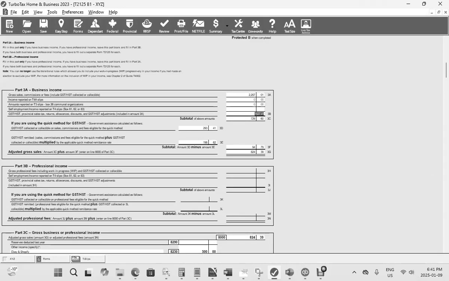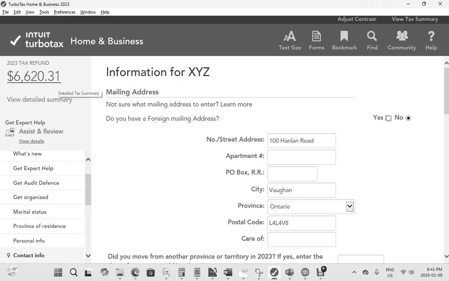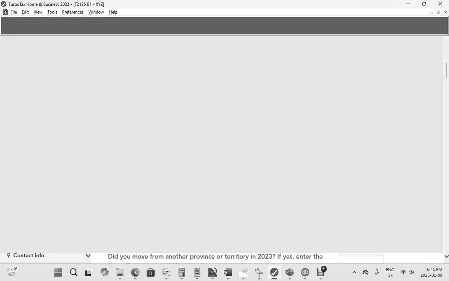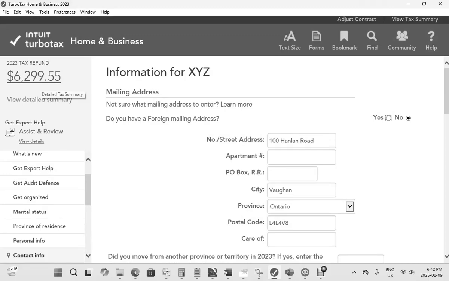So suppose your ITC for this year, the year for which you're filing your tax return, is $1,527.41. Notice what the tax refund is right now is $6,620.31. So if you were to change your ITC to, let's say, zero, notice your tax refund, $6,299.55.